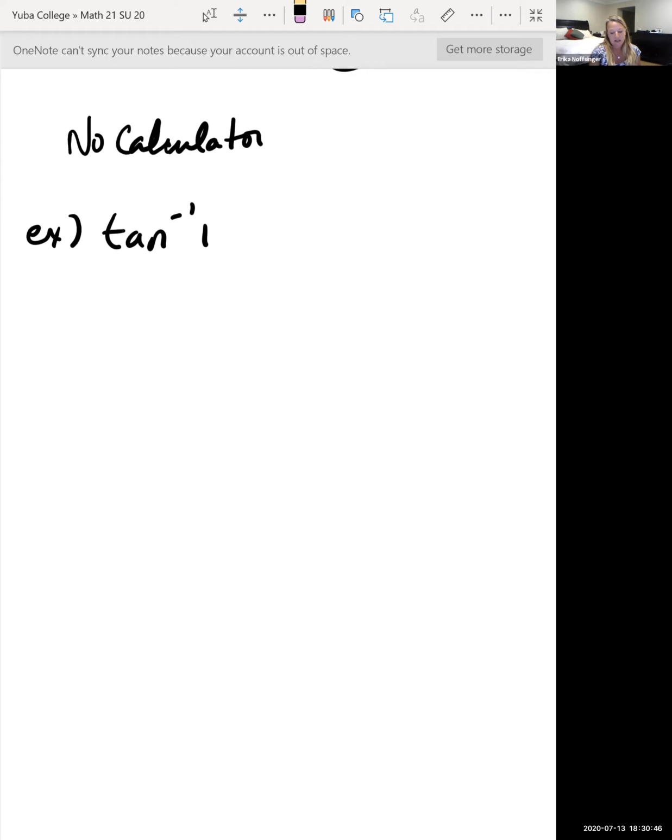So tangent inverse, our result, theta, because this is given to us as an inverse, we have to limit this between negative pi halves and pi halves. It's positive, so I know I'm in quadrant 1, so I have to be between 0 and pi halves.